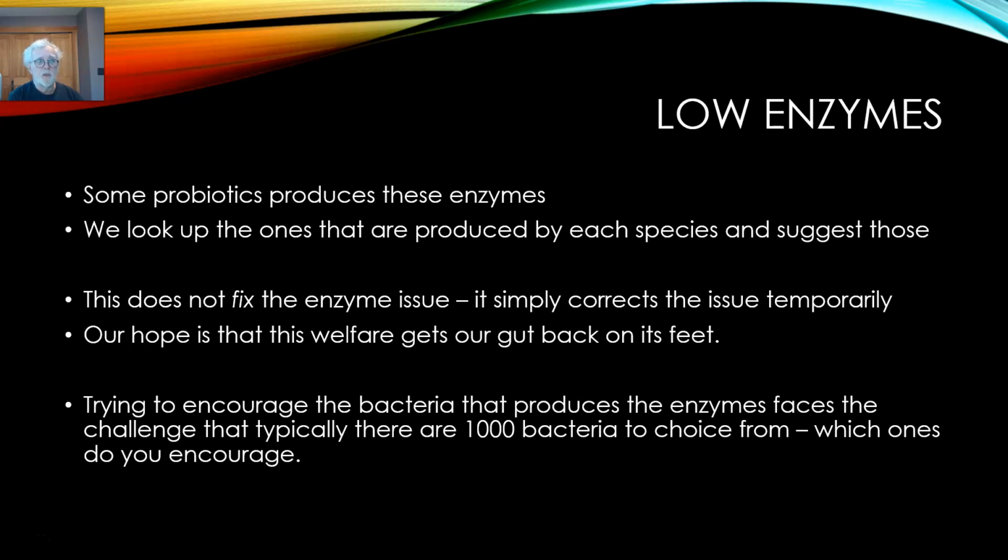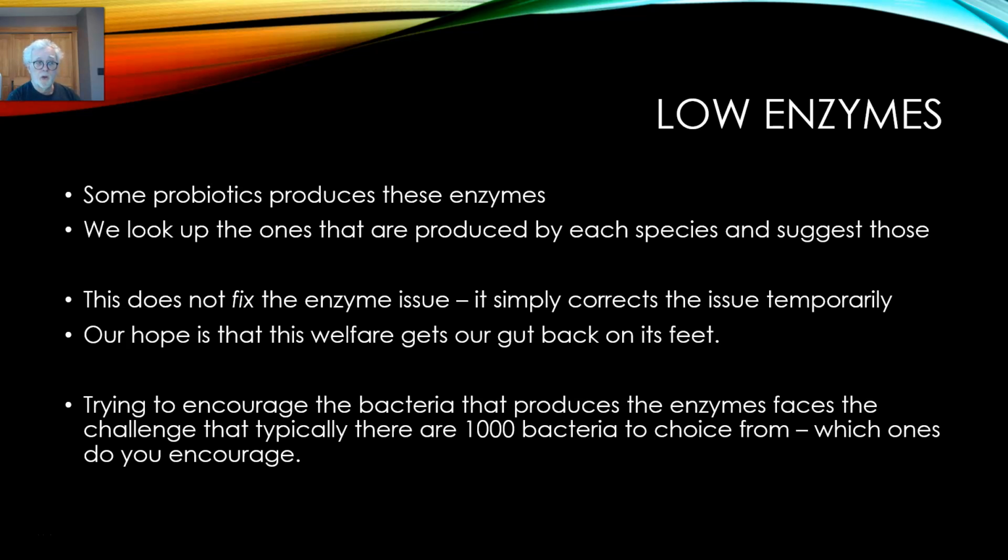So that's basically it. We just say, okay, if we make the right amount of enzymes available or have a lesser deficiency, perhaps things will start correcting, spinning up properly. And trying to encourage bacteria to produce the enzyme faces a bit of a problem because there are generally about 1,000 different bacteria that produce any particular enzyme.